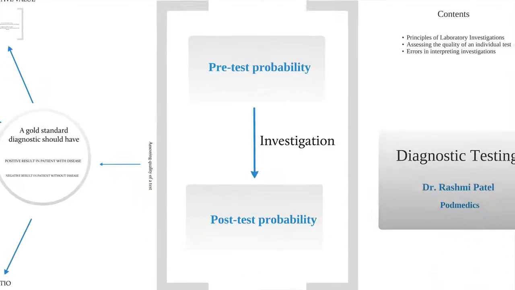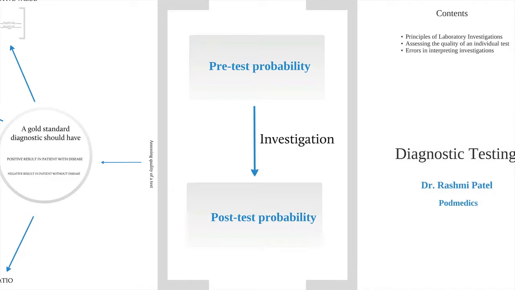So first of all, why do we as clinicians perform laboratory tests? Well, the main reason is to try and improve our diagnostic accuracy. You may have an idea from taking a history and examination about the possible diagnoses the patient might have, and then you may want to perform a series of investigations to see whether your diagnosis is correct.